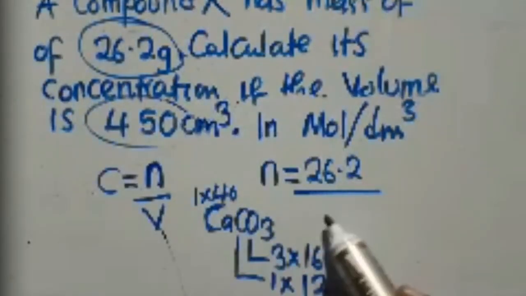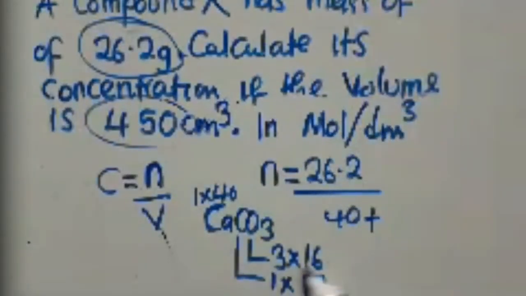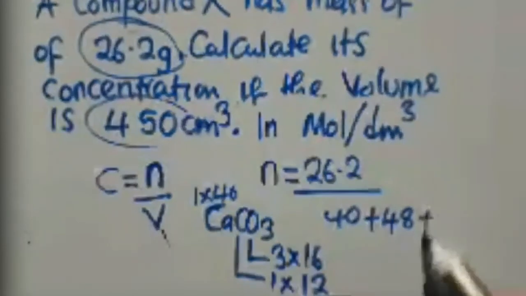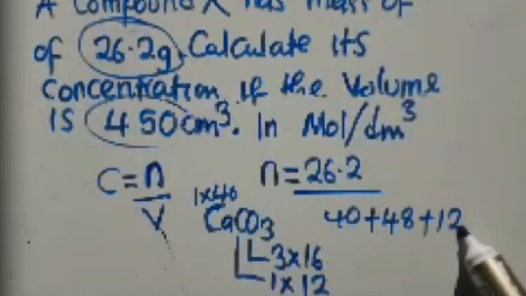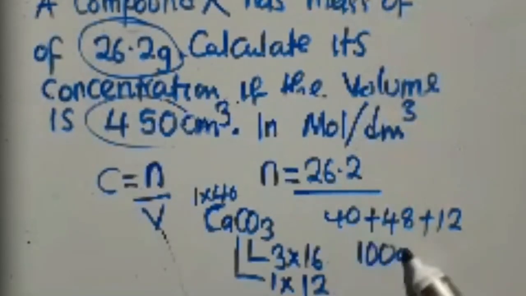When I add this, 1 times 40 is 40, plus 3 times 16, it is 48, plus 12. When you add this, you are going to get 100 grams per mole. This is the molar mass.